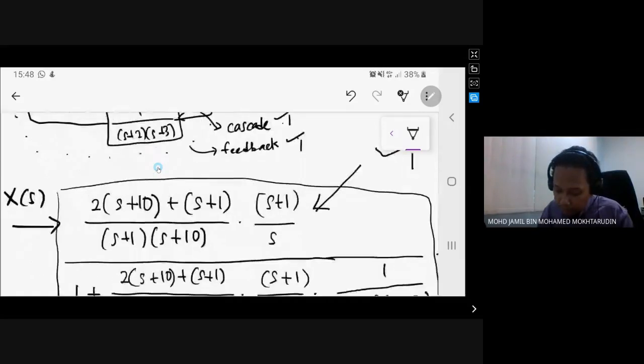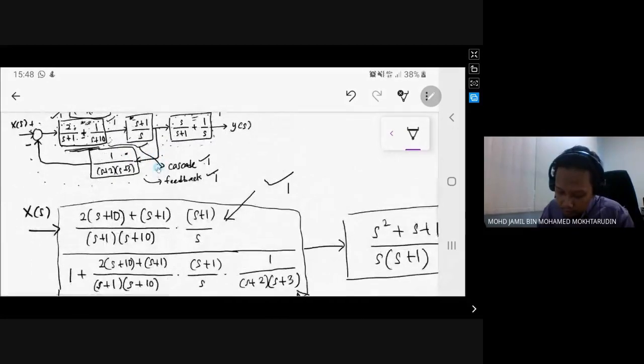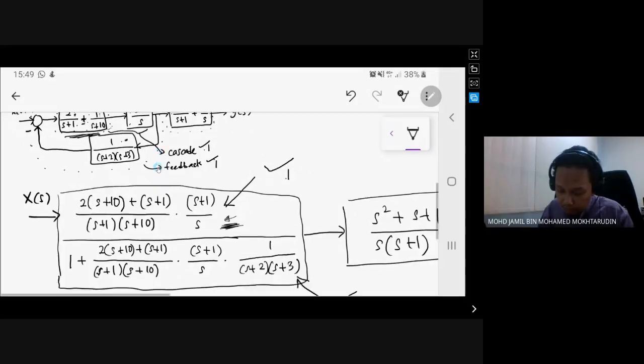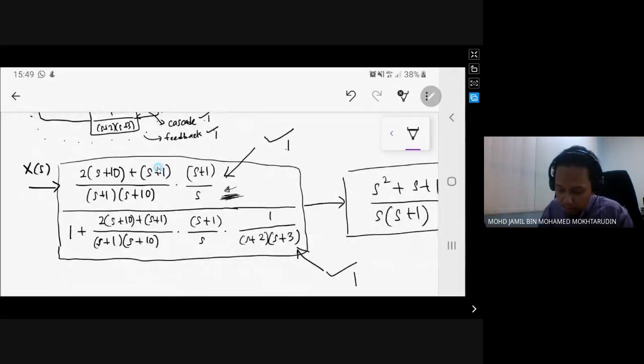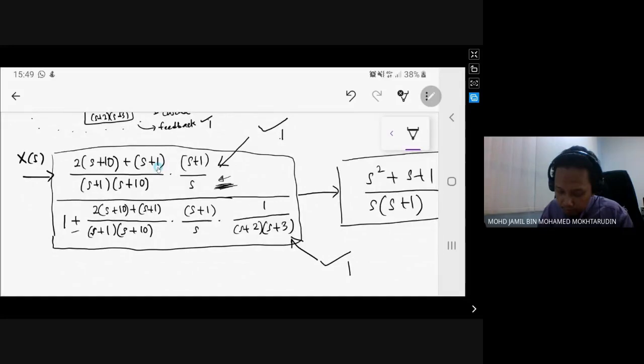And then you simplify this to cascade, you get this, the top one, the numerator, you get 1 mark. And then you do the feedback calculation correctly, plus the correct transfer function, you get 1 mark.